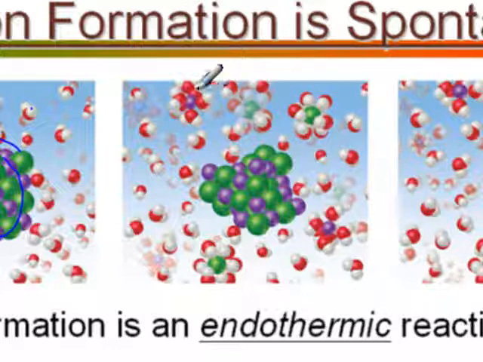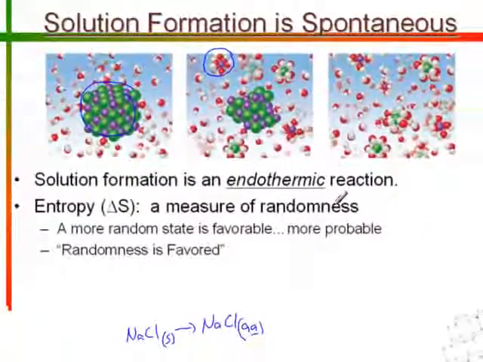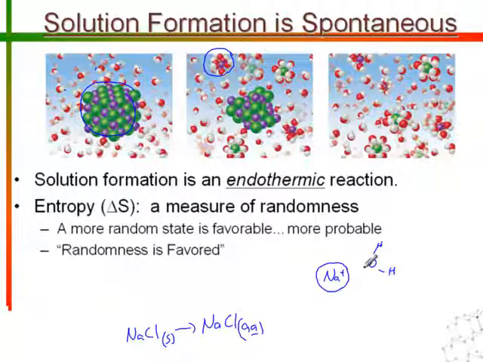For example, let me do a couple of Lewis structures here. The purple sphere is the sodium cation, so it would be placed in the center here. Then the water molecules, the red spheres, associate themselves with it.